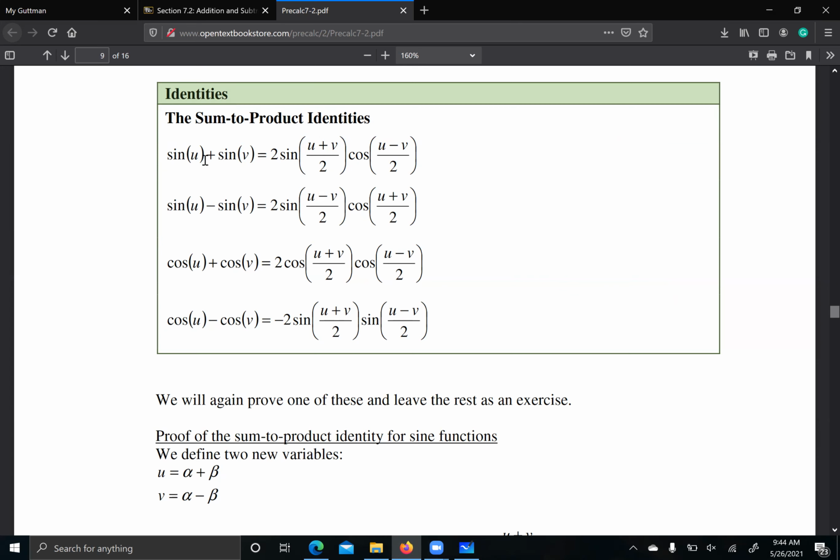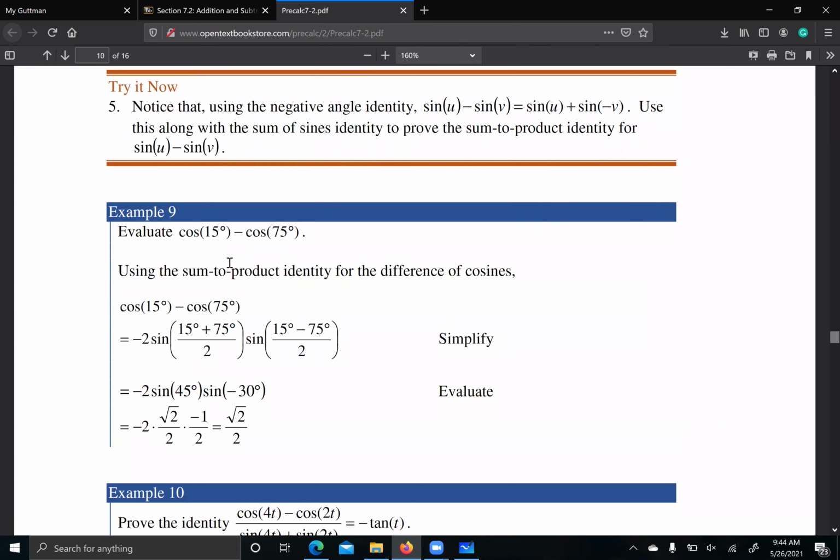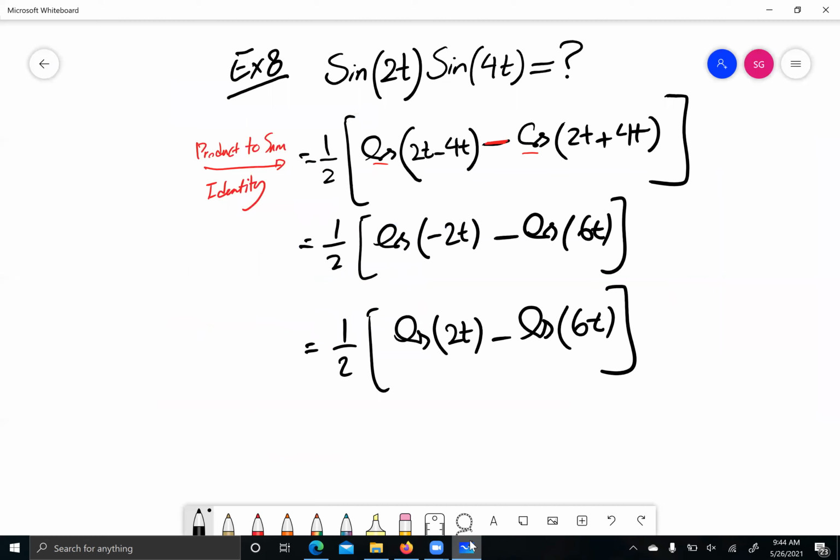So as you can see in this table, on the left side, you have the sum or difference of two trig functions. On the right side, you have their equivalent version in terms of a product of two functions. For example, the question says evaluate, example 9. Let's look at example 9.